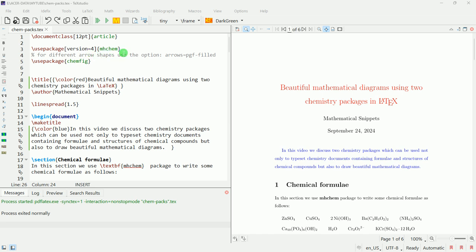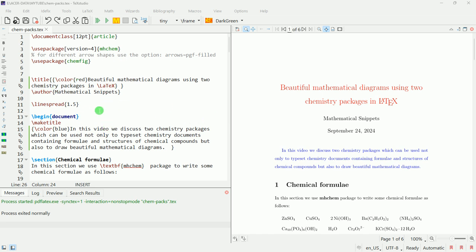Then MHChem will be loaded. And then use package chemfig. Then Chemfig package will be loaded. And I have not used any other package here. Lots of other packages are loaded automatically. TikZ is one of them. Then amsmath is also loaded. And many other packages are loaded.